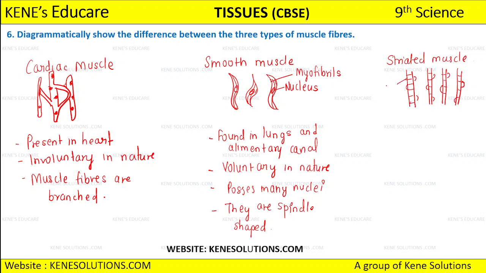So I'll label it as striation, and this is the nucleus which is present. Okay, so see, now striated muscles, they are connected with bones. किससे connected है ये? They are connected with bones. Okay, they are voluntary in nature.